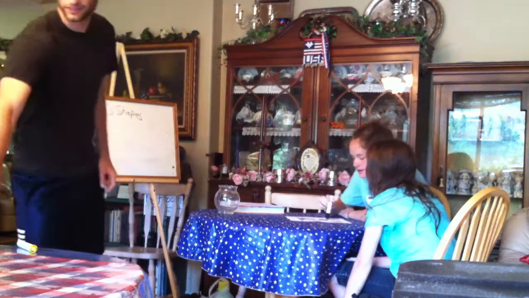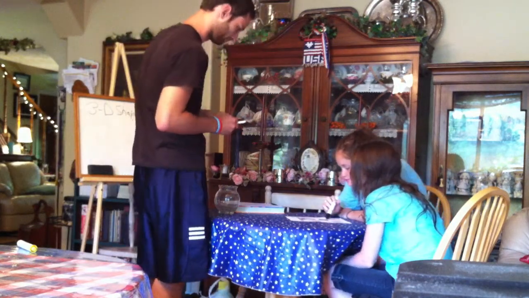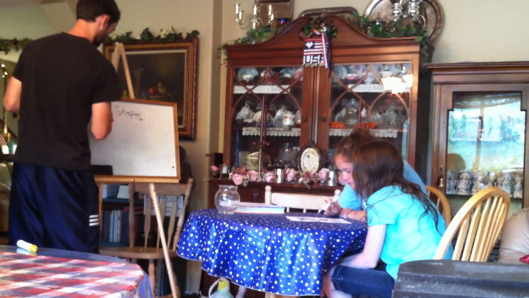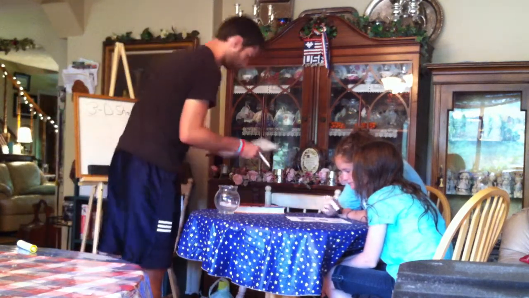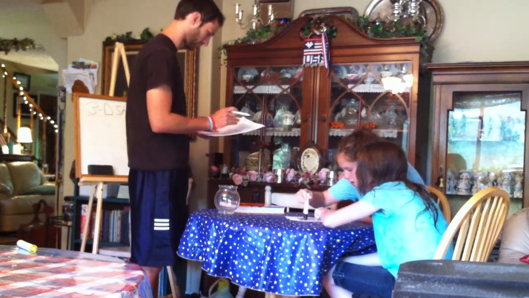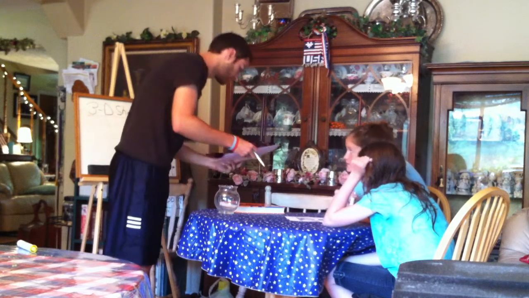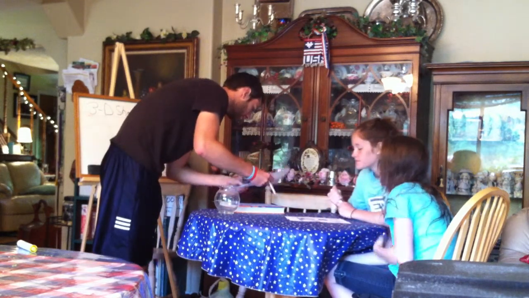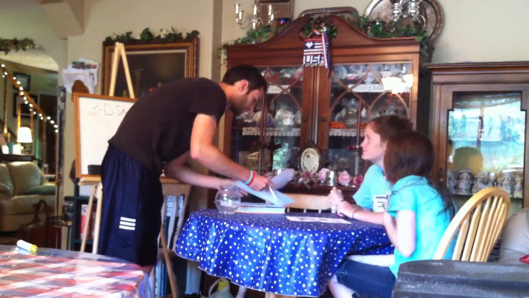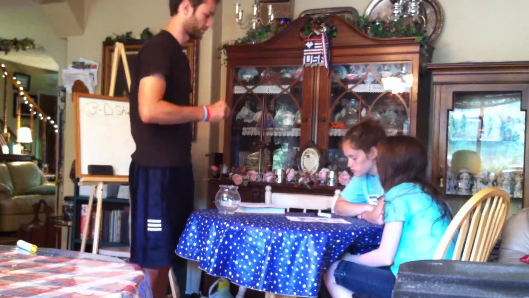So with your pen, you can write down which one you think is what. Do you think you got it? Okay, so let's go through which ones are each of them.